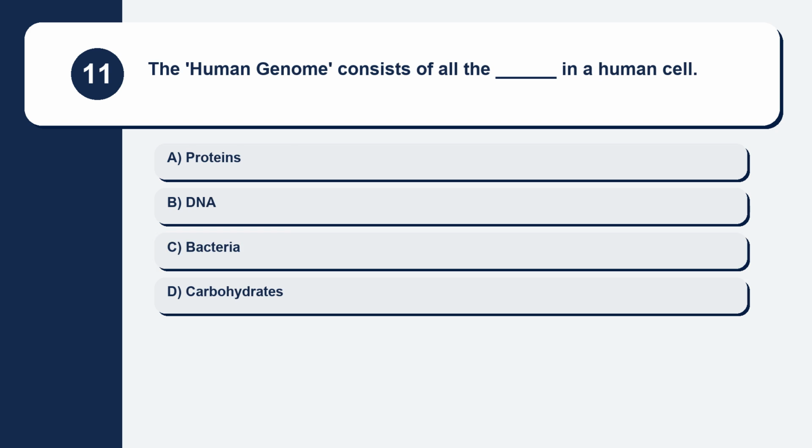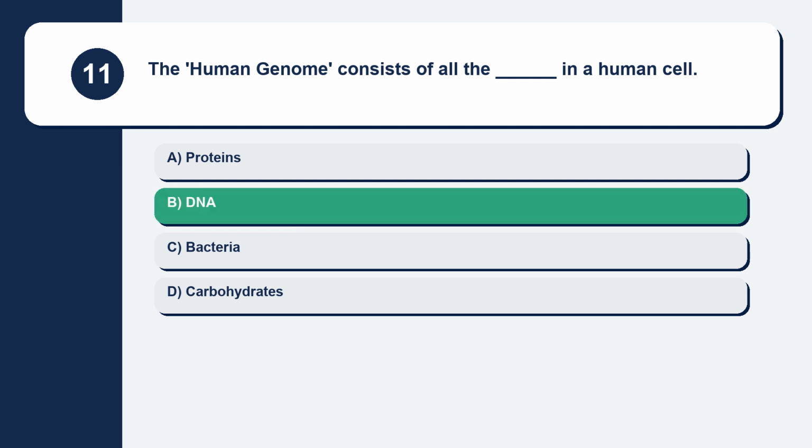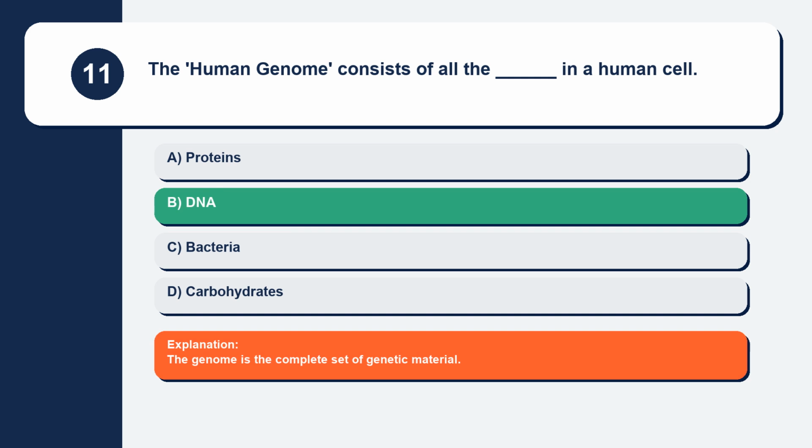Question 11. The human genome consists of all the in a human cell. Proteins, DNA, bacteria, carbohydrates. The genome is the complete set of genetic material.